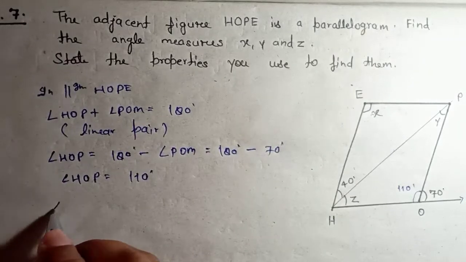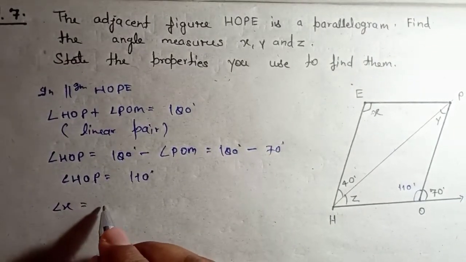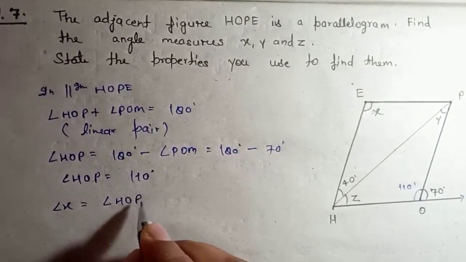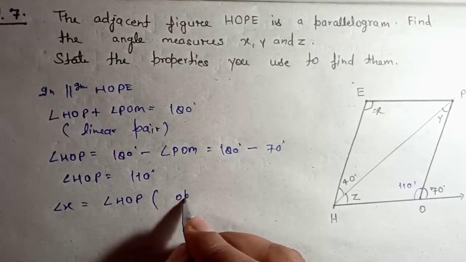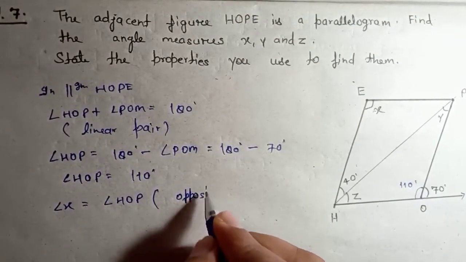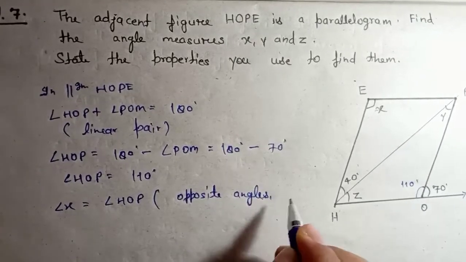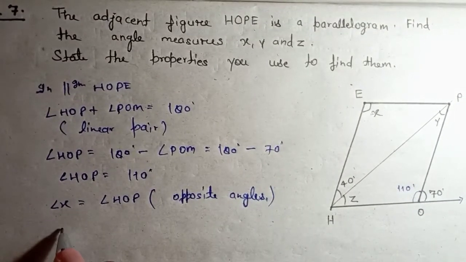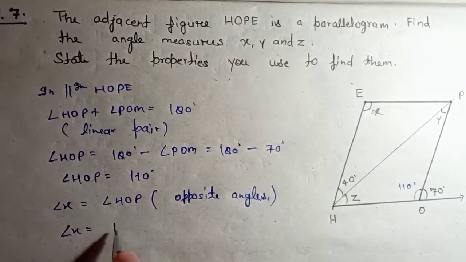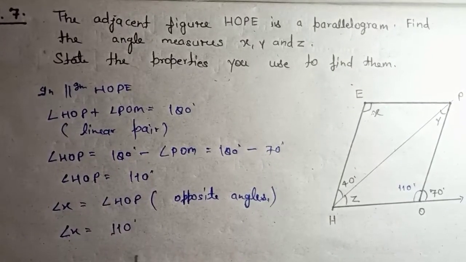So angle X is equal to angle HOP. Why? Opposite angles. So angle X is also equal to 110 degrees.